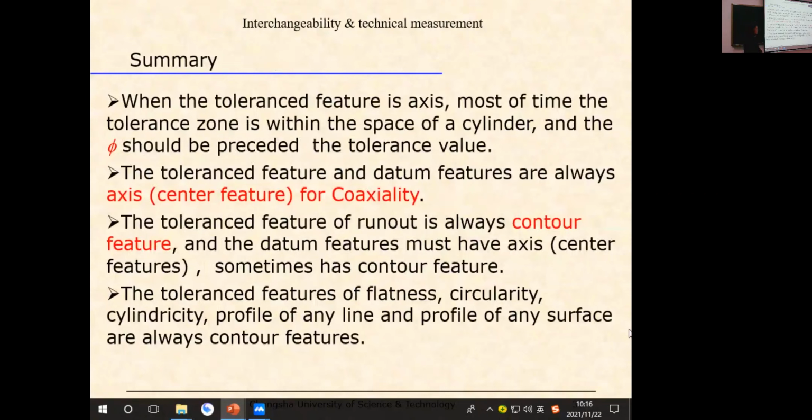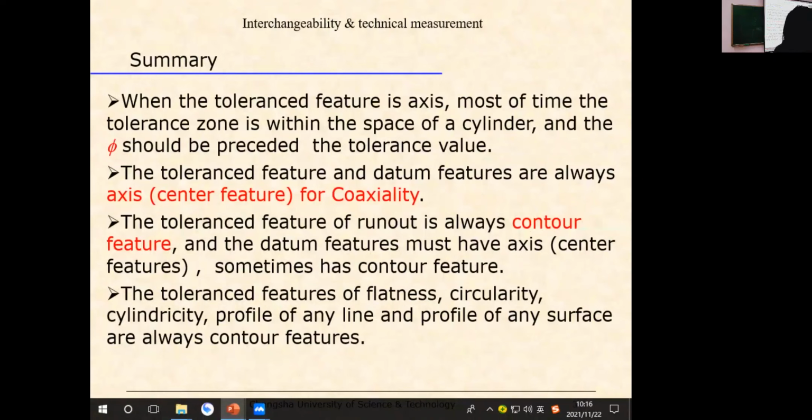So that is important. It means how to draw the geometrical tolerance. That is our goal. When the tolerance feature is an axis, most of the time the tolerance zone is within the space of a cylinder, and the diameter symbol should precede the tolerance value, right?